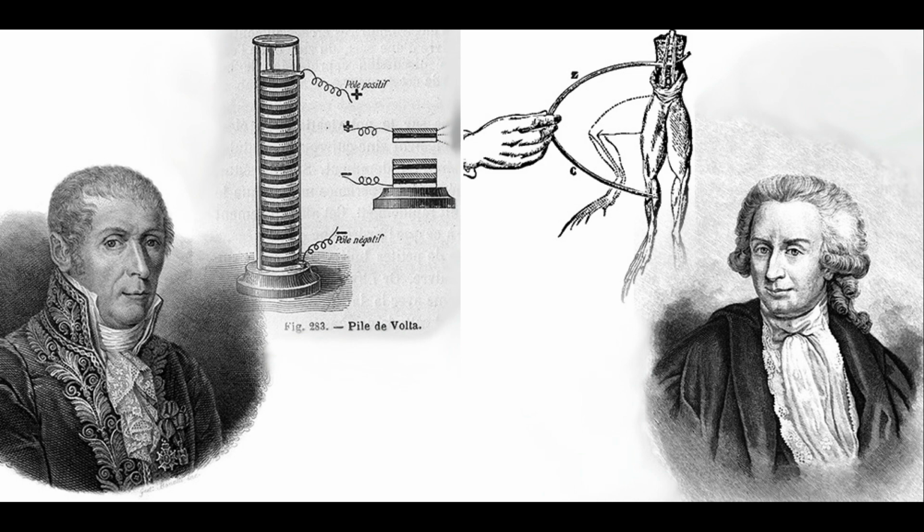Galvani had a slightly younger rival, a man by the name of Alessandro Volta. Volta disagreed with this theory. He thought that it was the different composition of the metal that was generating the electricity, and that the frog leg was merely a conductor facilitating the flow of the current. And in his own experiments, he sandwiched metals of copper and zinc into a pile that you see on the left, the so-called voltaic pile.